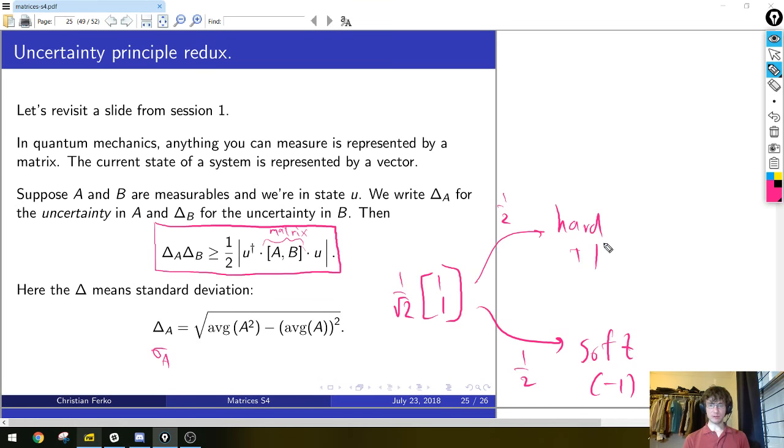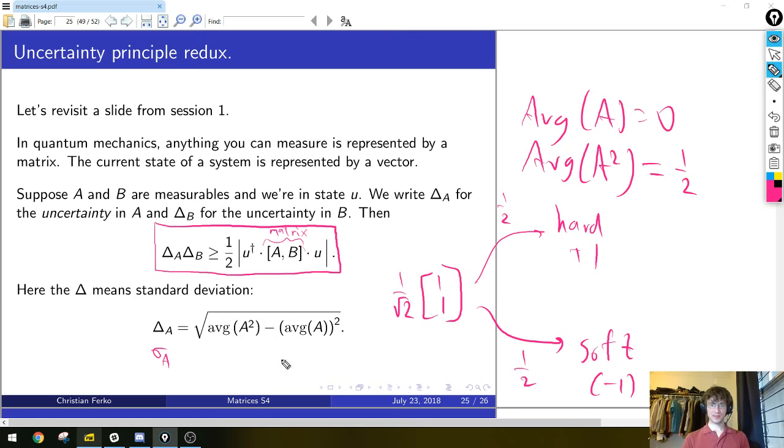So the average value of A is 1/2 minus 1/2, which is 0. But the average value of A squared is always 1, so the average value of A squared is 1/2. So you would get the square root of 1/2 minus 0, which is 1 over root 2, for sigma A.